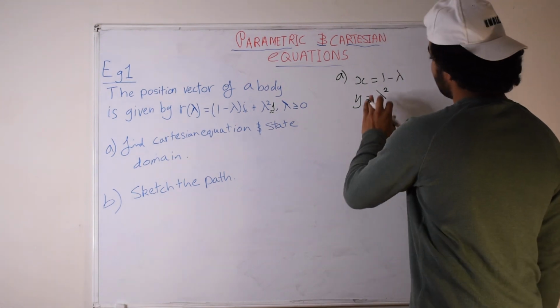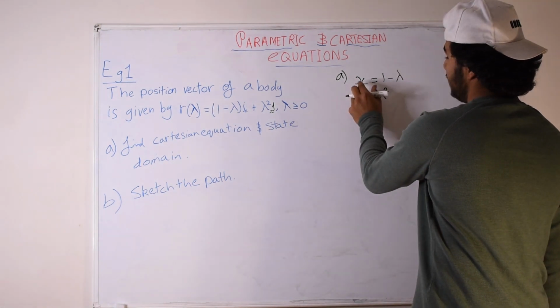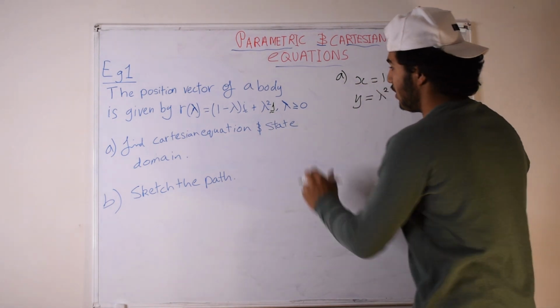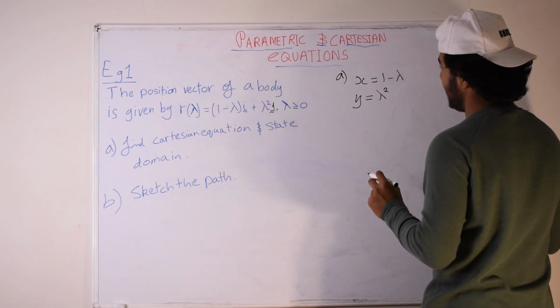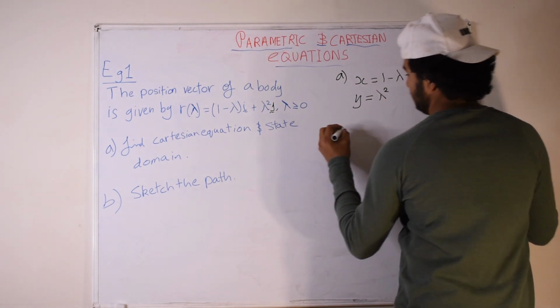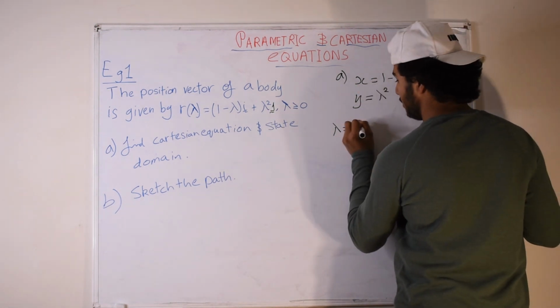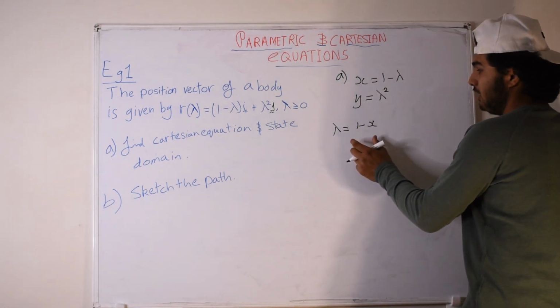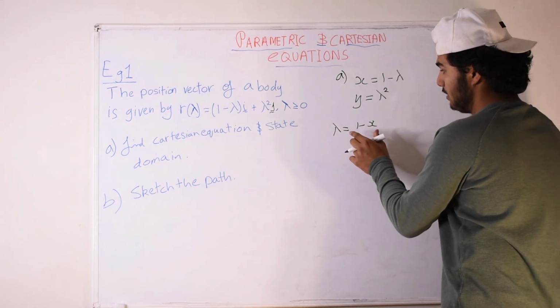Next step, it says lambda is greater than or equal to 0. Let's find values of x that are defined within this. So x equals 1 minus lambda, rewrite this, lambda equals 1 minus x, and let's find the domain for which this is possible.